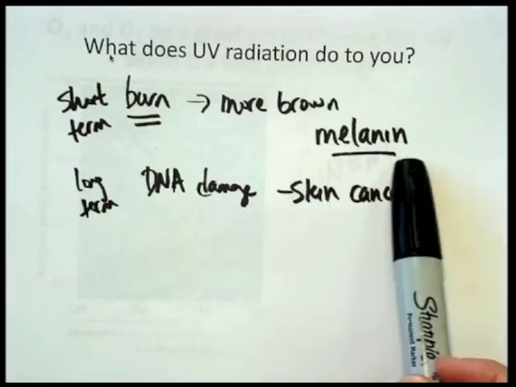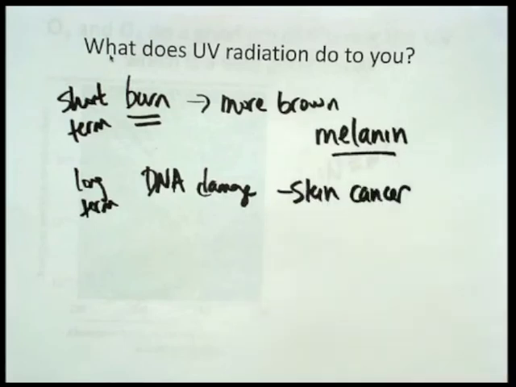Now, over time, as people have lived for hundreds of thousands of years in different regions of the world, people have evolved to have more or less melanin naturally as a protection measure against ultraviolet. So that's why people who live in more central latitudes and sunnier places in general have darker skin naturally, because over time people have evolved to have darker skin.